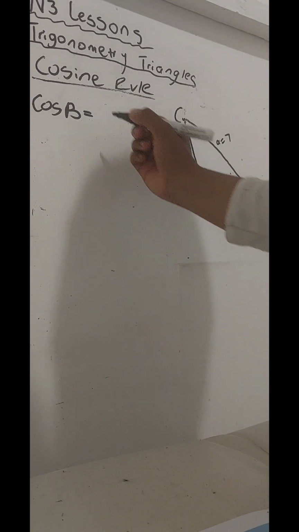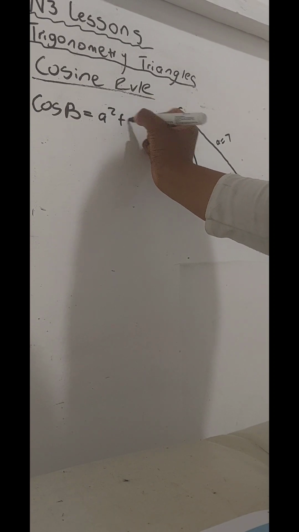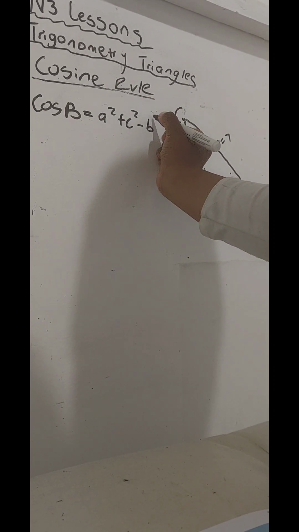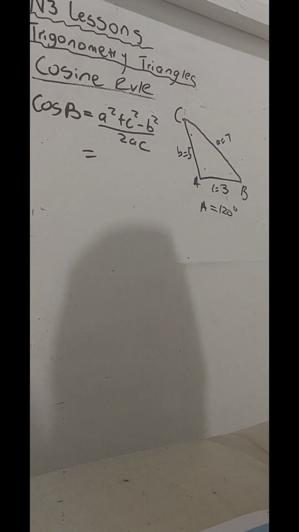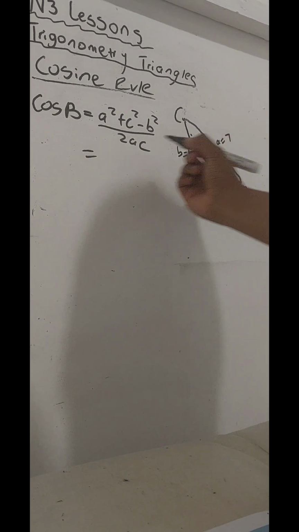For cos B, we're going to say A squared plus C squared minus B squared over 2AC. Substitute. What is A? A is 7.